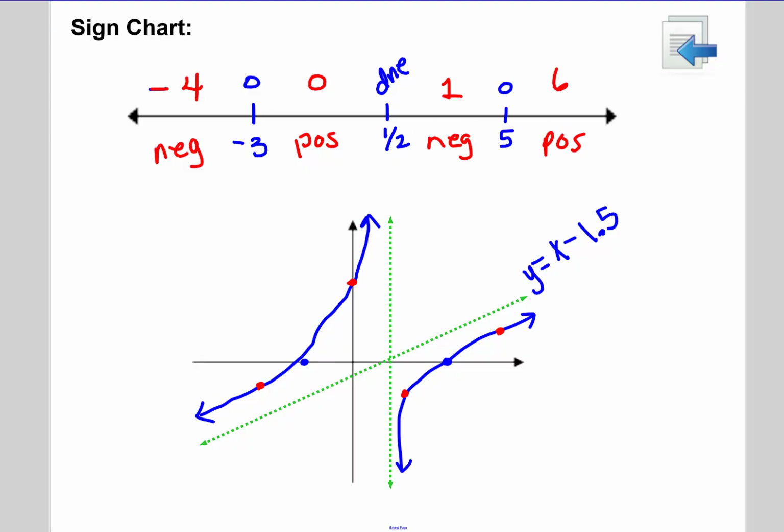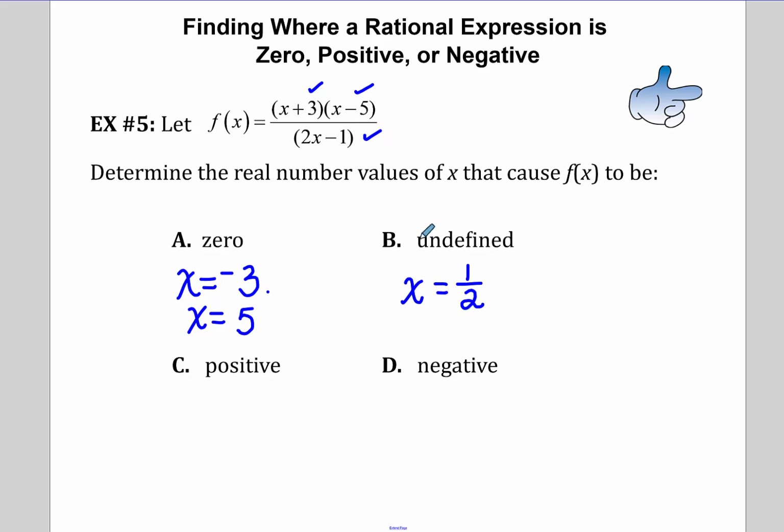And we want to go back to that last screen. So we can say the function is positive from -3 to a half. And then it's positive again from 5 to infinity. But we're not including these endpoints because it doesn't say equal to 0. It's just asking positive.